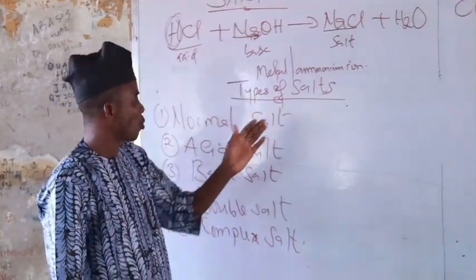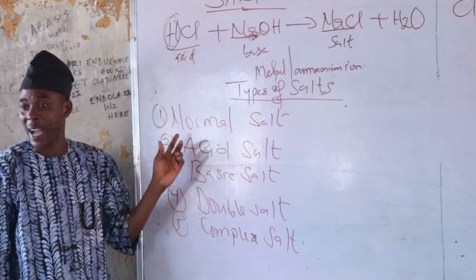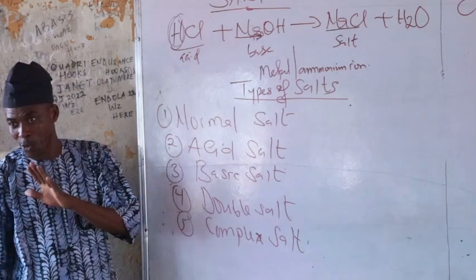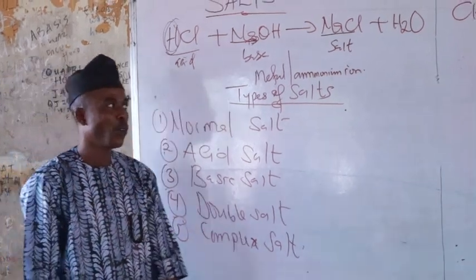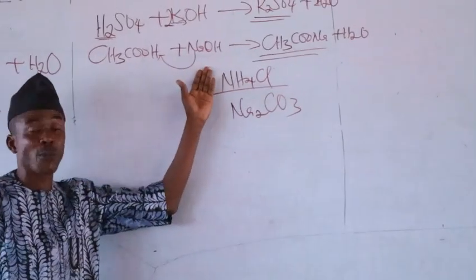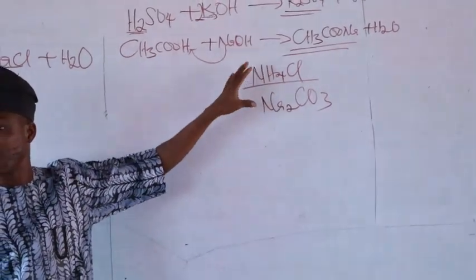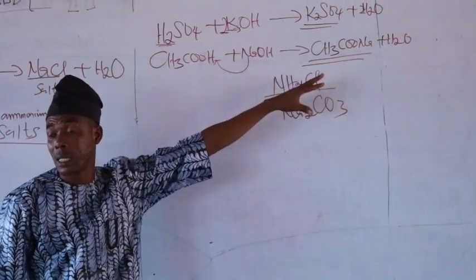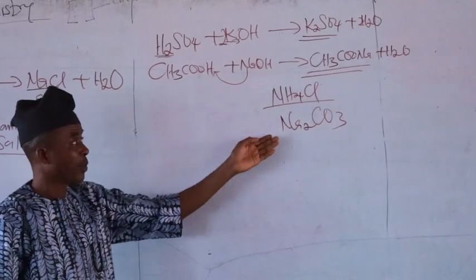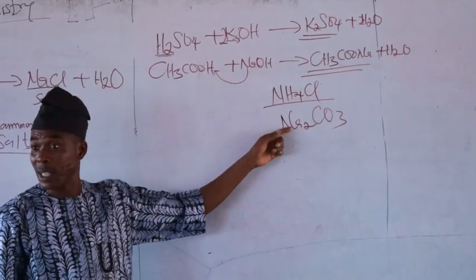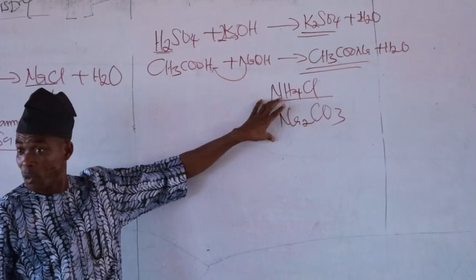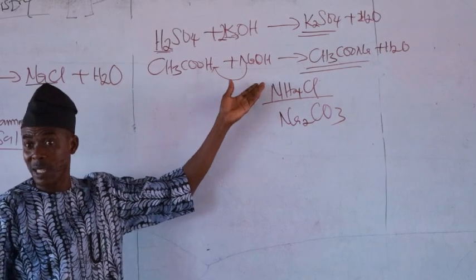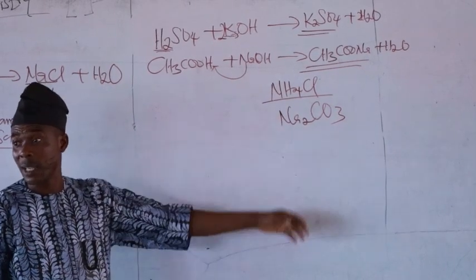The salt could be either normal, acid, basic, double, or complex. Don't mix the two together. So both ammonium chloride and sodium carbonate are normal salts, though the solution of ammonium chloride is acidic, while the solution of sodium carbonate is alkaline. We are going to discuss this one. We are still going to look at hydrolysis of salt. You will see the reason why the solution of this one is acidic and why the solution of this one is alkaline.